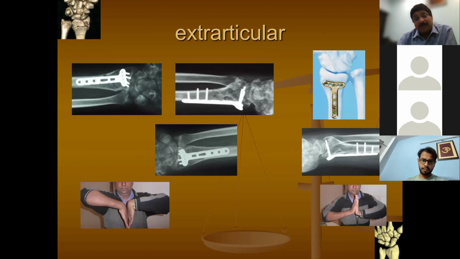The plate is put a little bit proximal to the joint, and the angle is towards the dorsum and distally. So if you try to bring this plate more distally, because it's a fixed angle device, the screws are going to penetrate the joint.